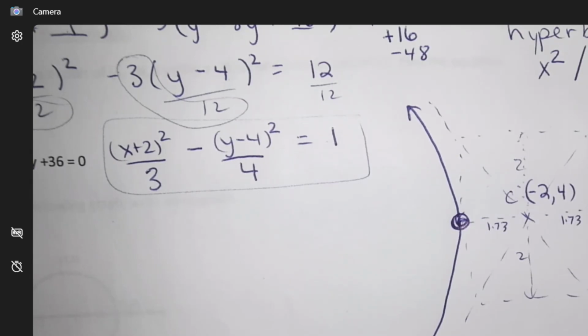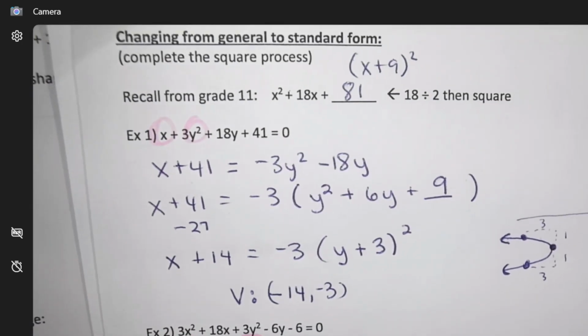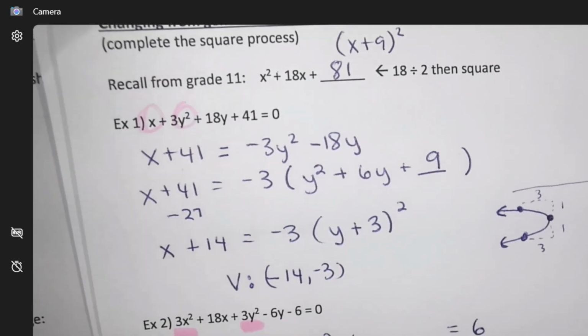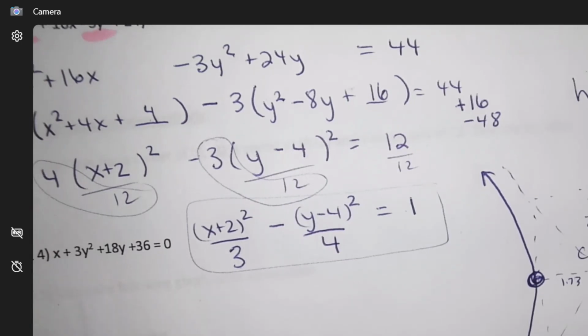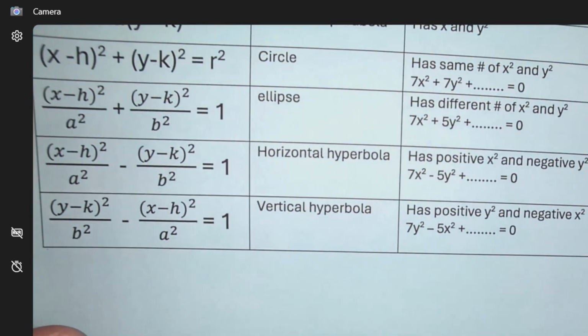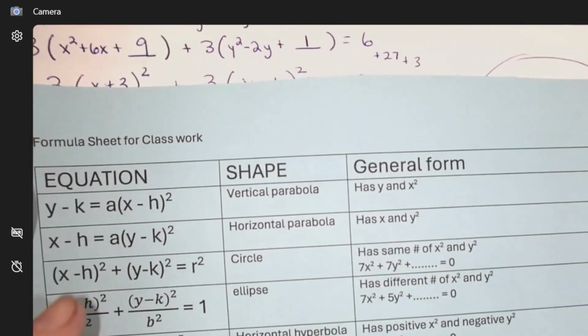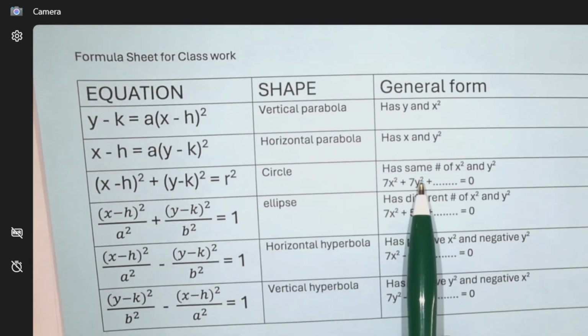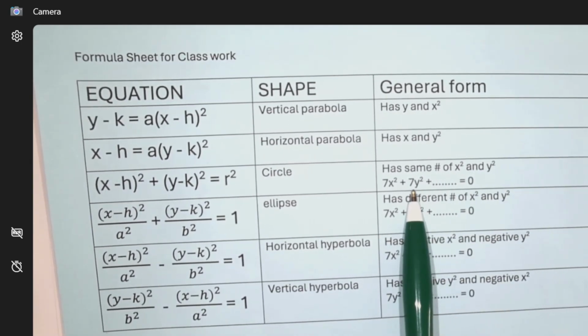Okay, that's it. How does that seem? So identifying those shapes. Okay, kind of think about what you have. So again, I kind of put that on this sheet. So you can see here, to know it's a circle, I have the same amount of x squareds and y squareds.